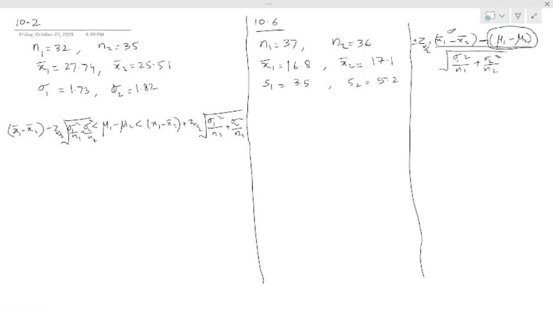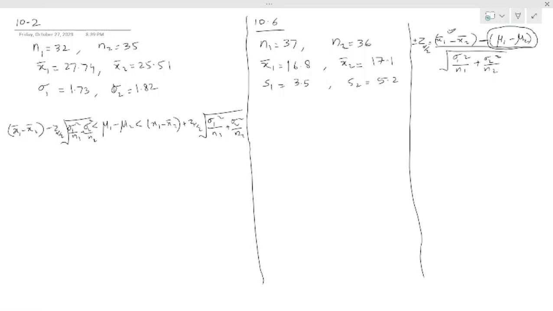So 27.74 is the sample mean value for the first group of 32 graduates, which indicates $27,740. Similarly, the x2 bar value, 25.51, represents $25,510 of mean salary.